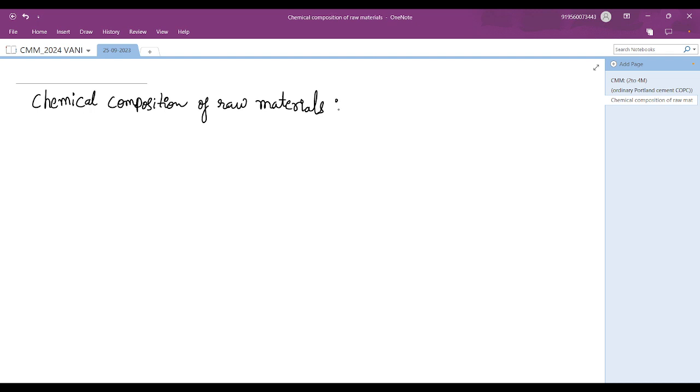This chemical composition consists of various oxides. What are those oxides? Those oxides are obviously L-SiMas. So please remember this code word L-SiMas.